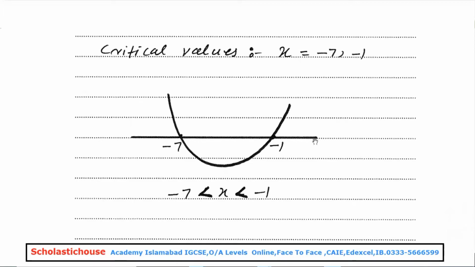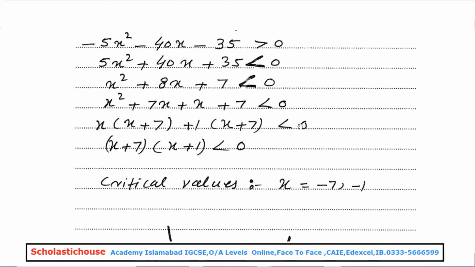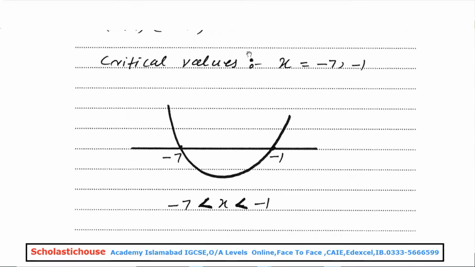Again, using this method, draw a straight or horizontal line. Because it is a quadratic, draw a parabola. The bigger value is on the right side and the smaller value on the left side. You can look here, it is less than 0. So less than 0 means all the values in between these two critical values, that x is less than minus 1 and x is greater than minus 7.